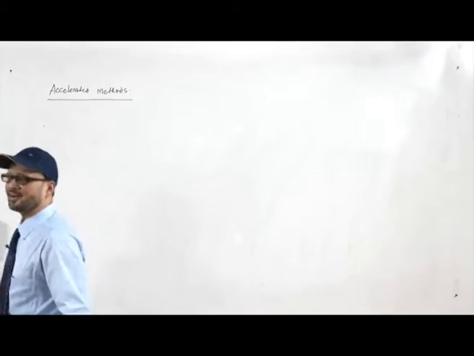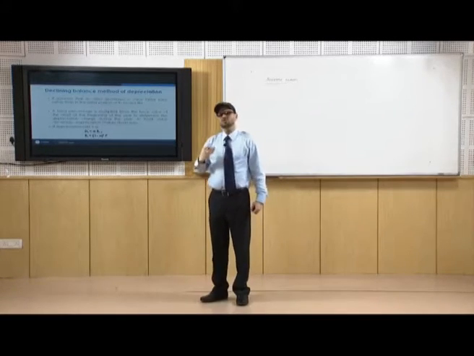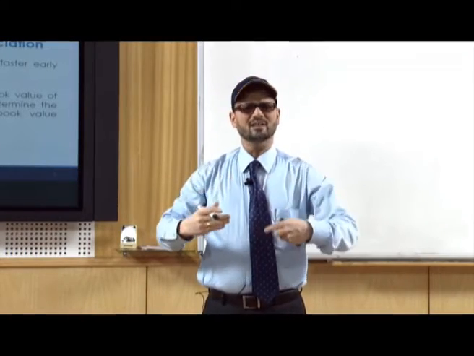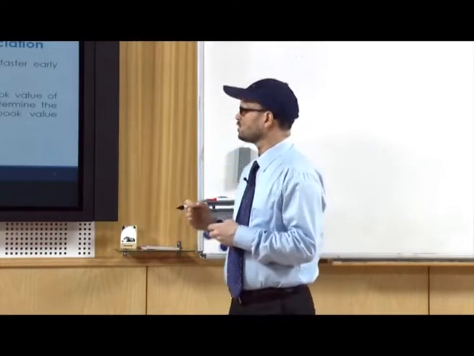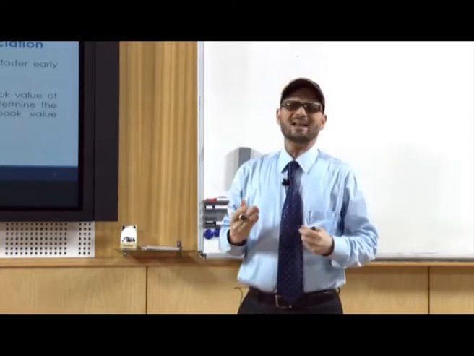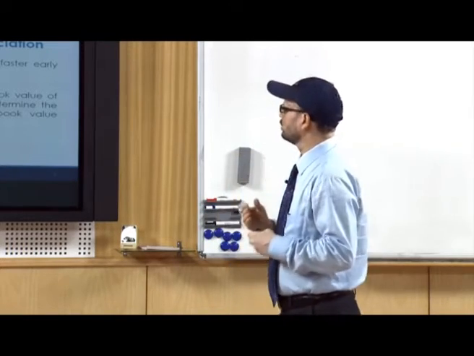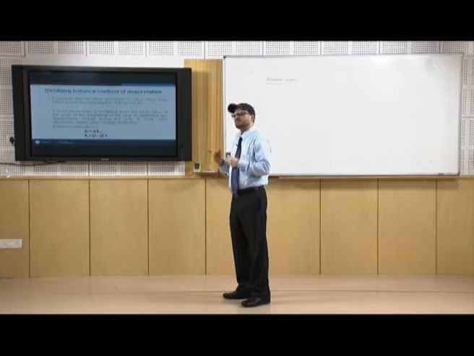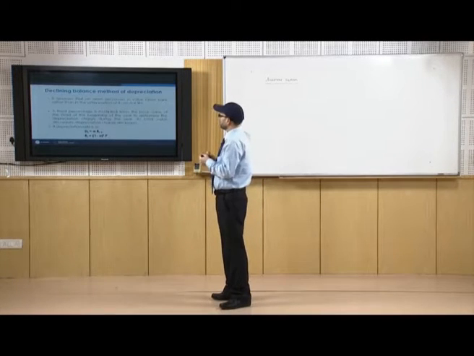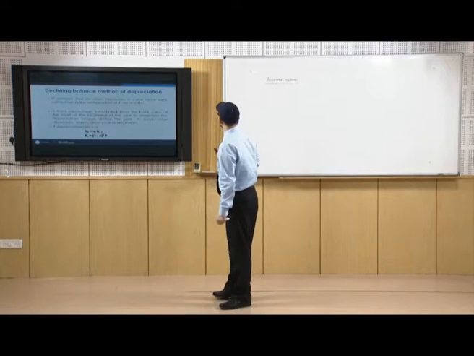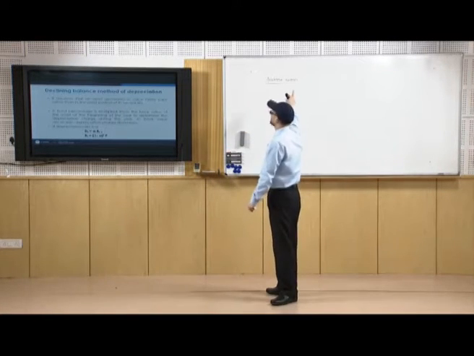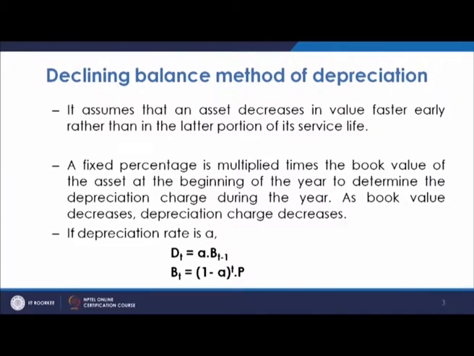It is also realistic that things lose their value more during their early years than in the later part. So, the declining balance method, which is one type of accelerated method, assumes that an asset decreases in value faster early rather than in the later portion of its service life.